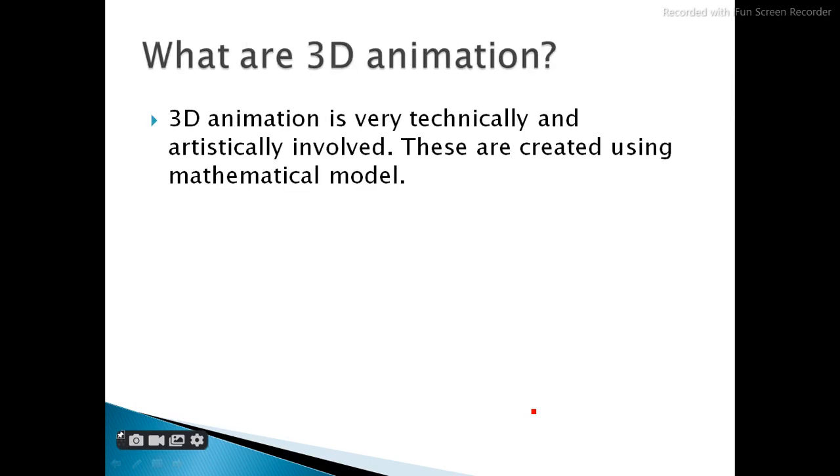What is 3D animation? 3D animation is very technically and artistically involved. These are created using mathematical models. I have told you many times that your computer science will be good only if your mathematics is good, because we need to understand mathematical concepts to study computers.